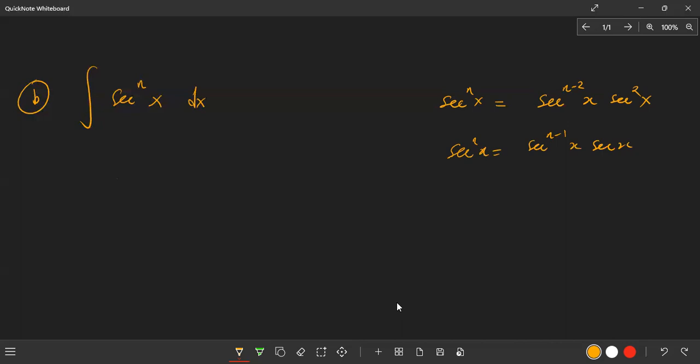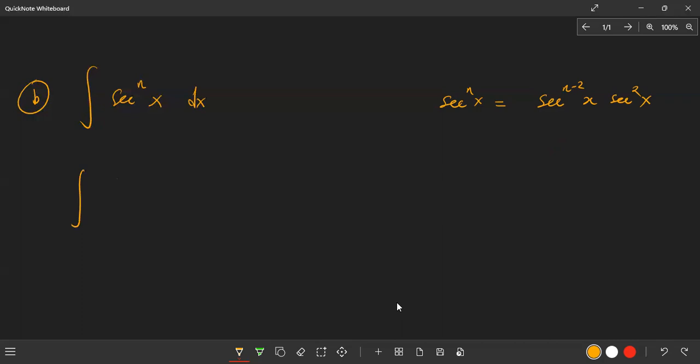That would be hard to do. So that's the reason I choose sec squared x, because its integral is very straightforward. So in place of sec^n x, I'm going to replace sec^(n-2) x and sec^2 x.